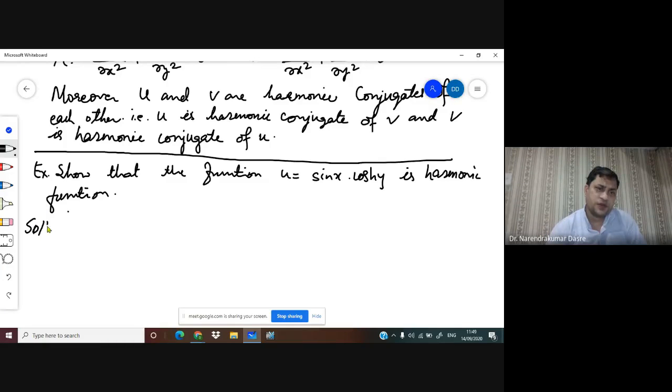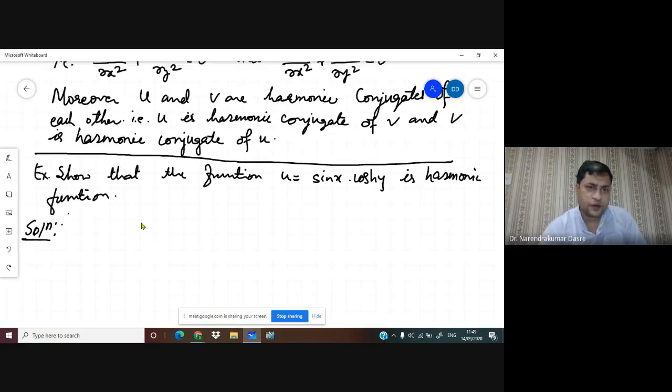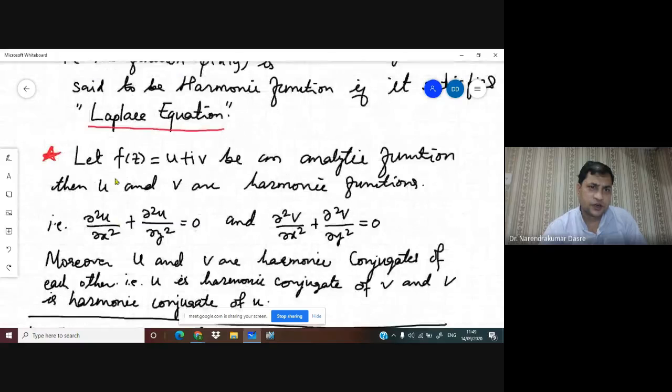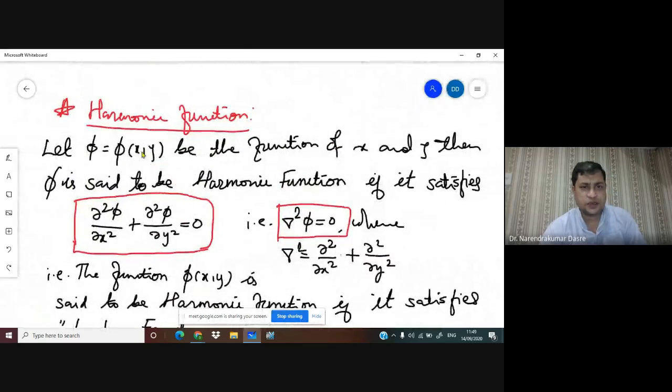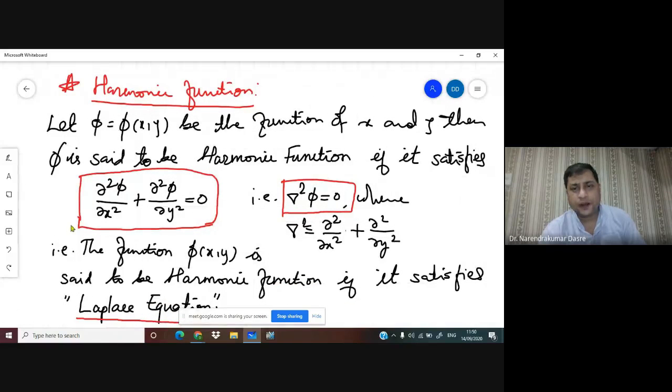So we go with the solution. What we have to do here is show that this function is harmonic, so we have to show that it satisfies the Laplace equation. The function is harmonic if it satisfies this Laplace equation. So we have to find the second order derivatives now. Up to now we have worked with the first order derivative; now we go to the second order partial derivatives with respect to x and y.